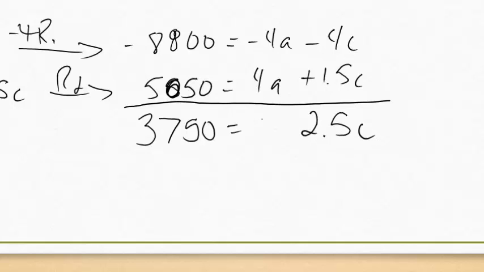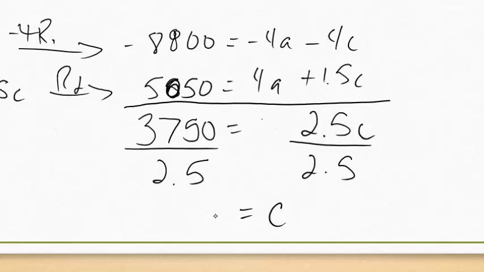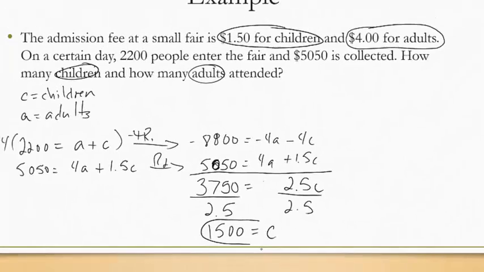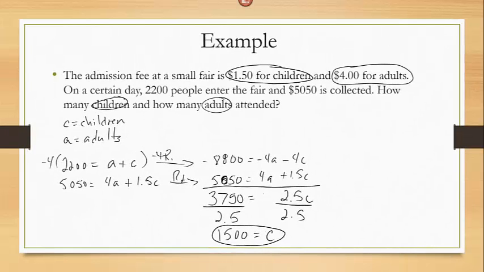Now we need to get C by itself, so let's divide by -2.5 on both sides. 3,750 divided by 2.5 is 1,500. So C will equal 1,500. Now we have solved for one variable, and we need to solve for the other.